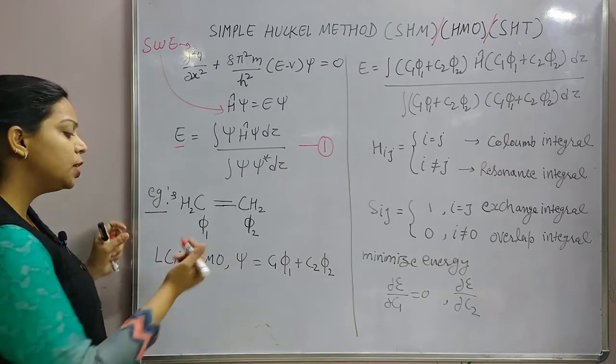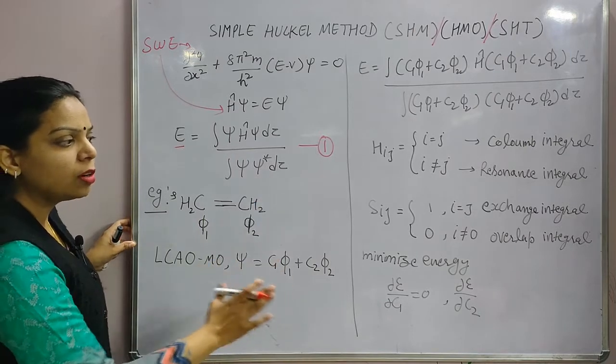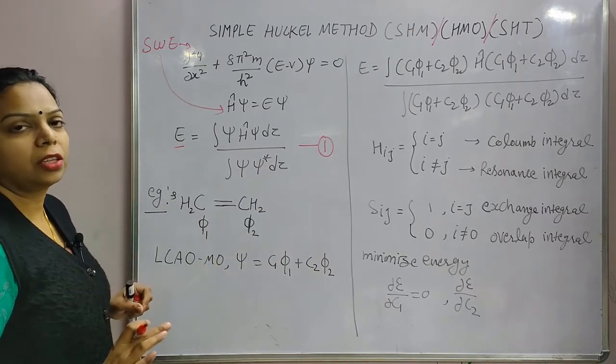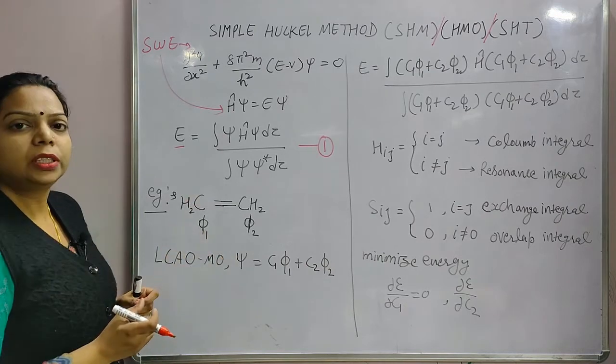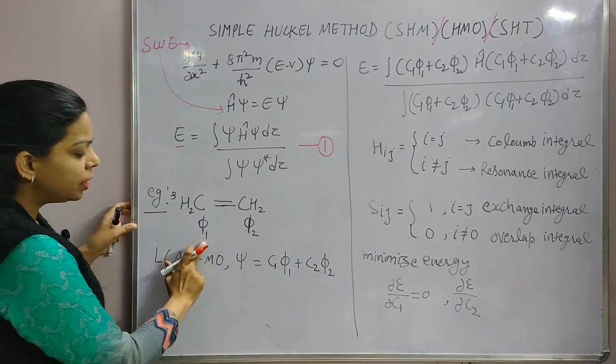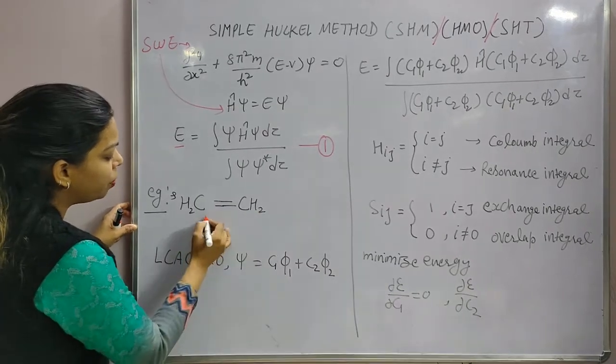This entire procedure we have already done in our molecular orbital theory, so I am just revising a few points and then I will move to the calculation part. Assume that phi 1 and phi 2 are the atomic orbitals.